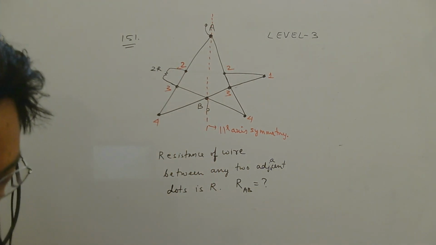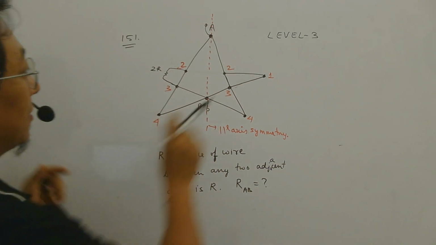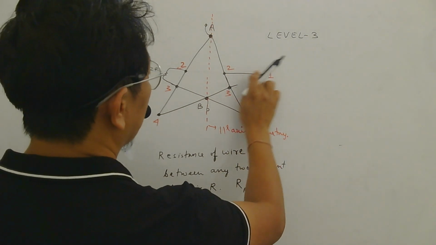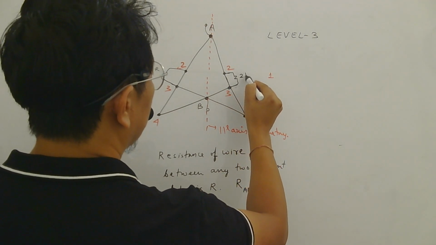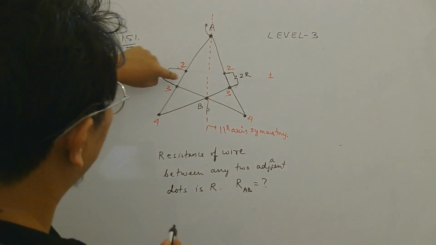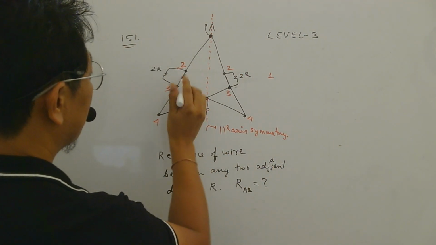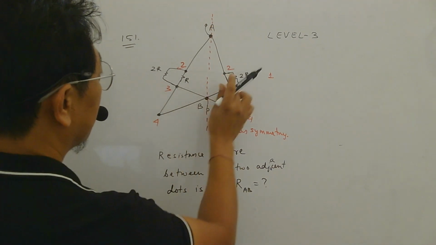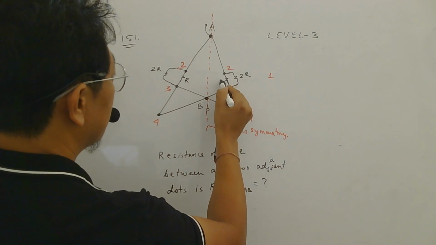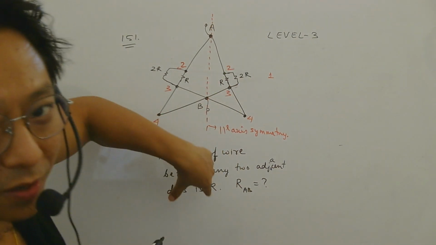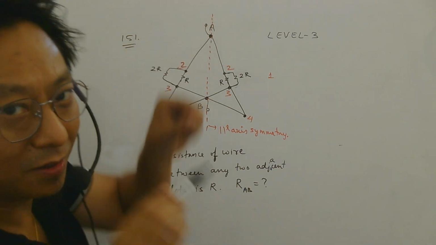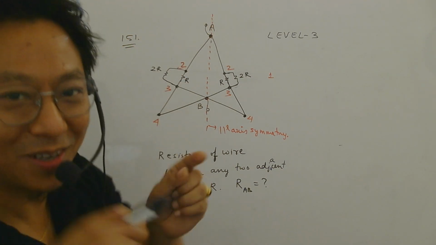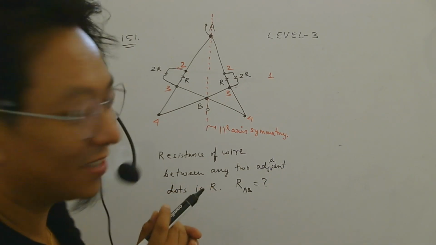Similarly, this R and this R are also in series. So this will give you equivalent resistance 2R. Remember, this is also having resistance R. This also has resistance R. That is what they told, right? Resistance between any two dots is R. They may not have drawn like this, but they told it has resistance, isn't it?